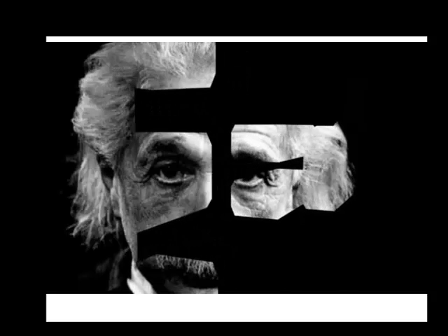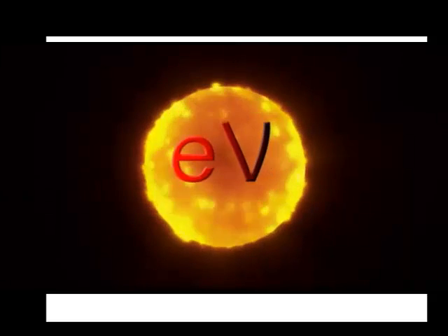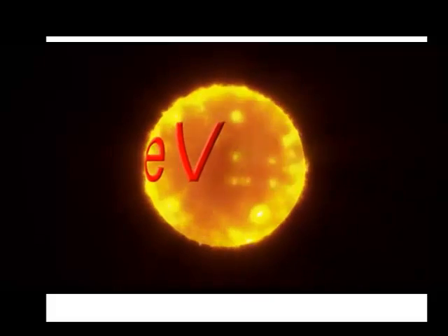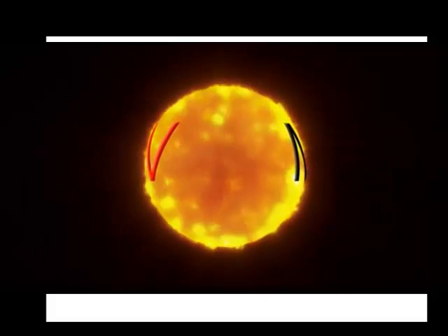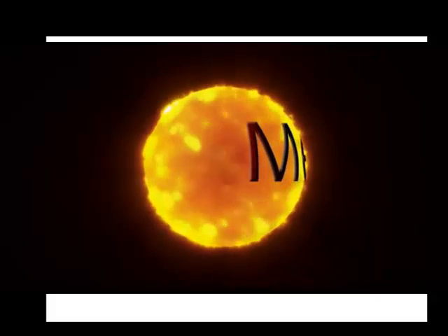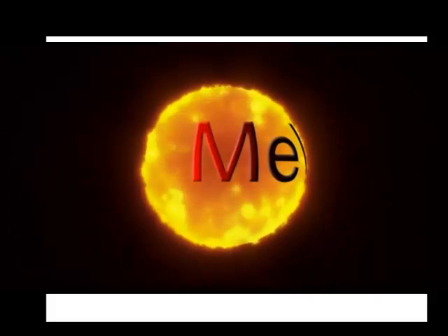Ever since Einstein demonstrated the equivalence of mass and energy, physicists often give the rest mass of tiny particles like protons, neutrons, and electrons in units of energy. 2 convenient energy units are the electron volt, or eV, and its cousin, million electron volts, or MeV.